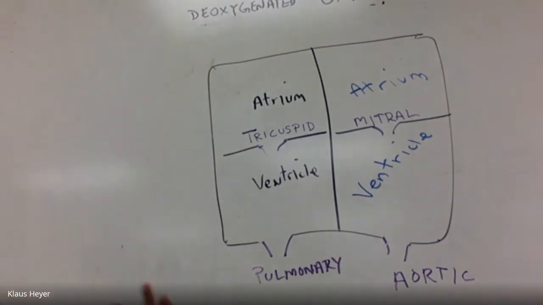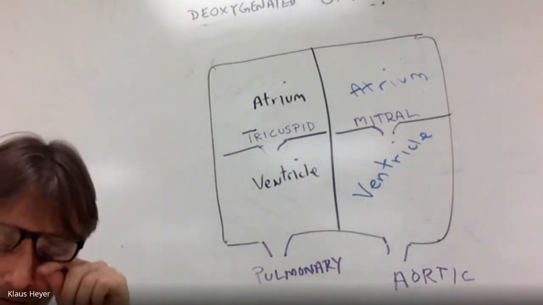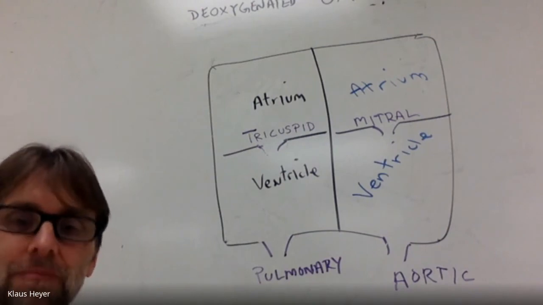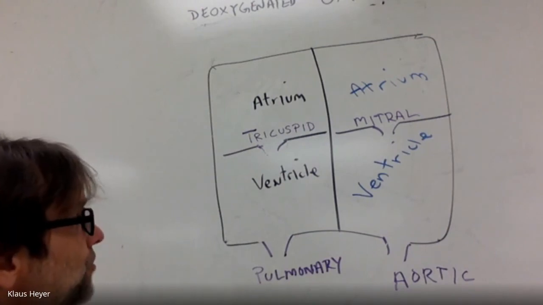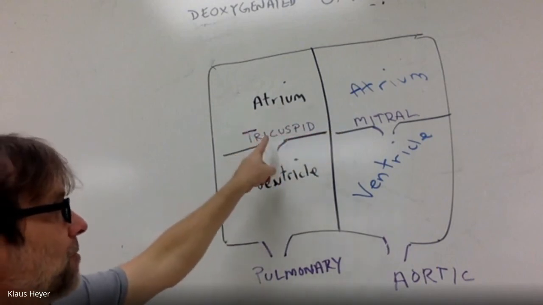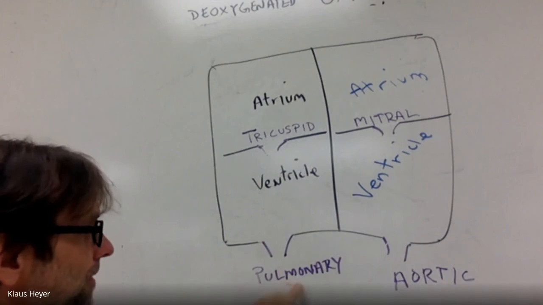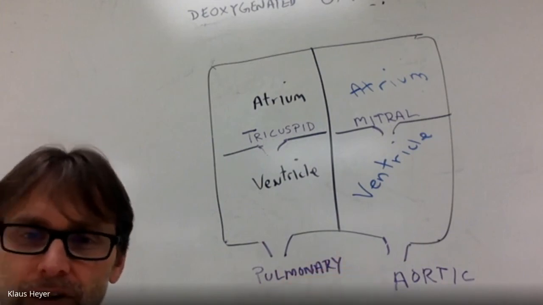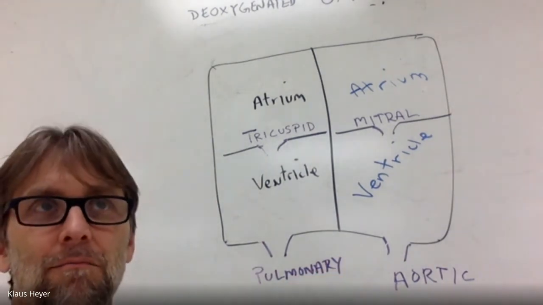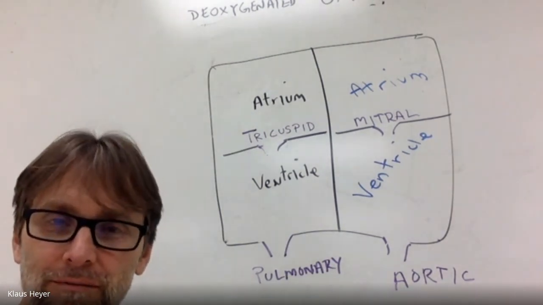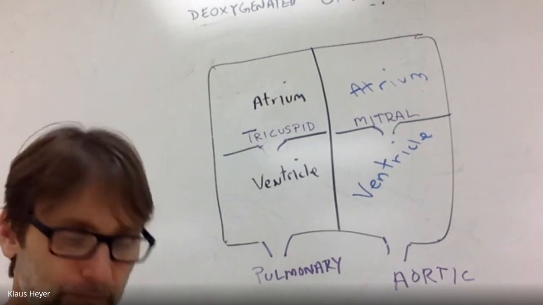Up here, we've got 4 chambers and 4 valves. Right atrium, right ventricle, left atrium, left ventricle, and then our valves. The 2 AV valves, tricuspid, mitral, and our 2 semilunar valves, pulmonary, aortic. You do not have to write pulmonary semilunar valve, just pulmonary valve. Everyone knows what it is.